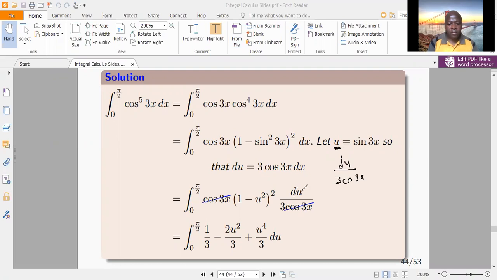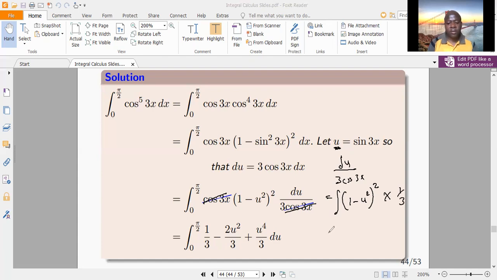Instead of dx, you're writing du out of 3 cos 3x, where cos 3x cancels that, and we are left with 1 minus u squared, the square of that, times a third.